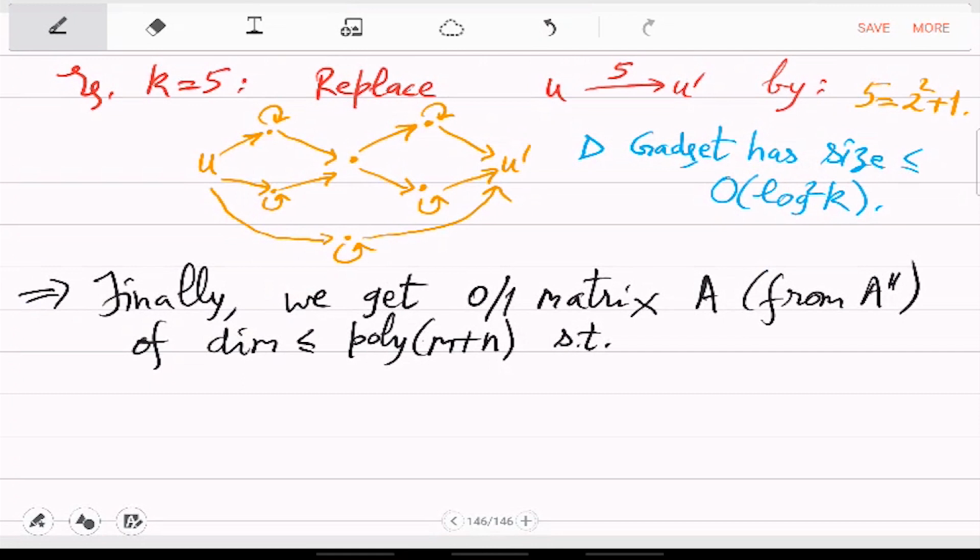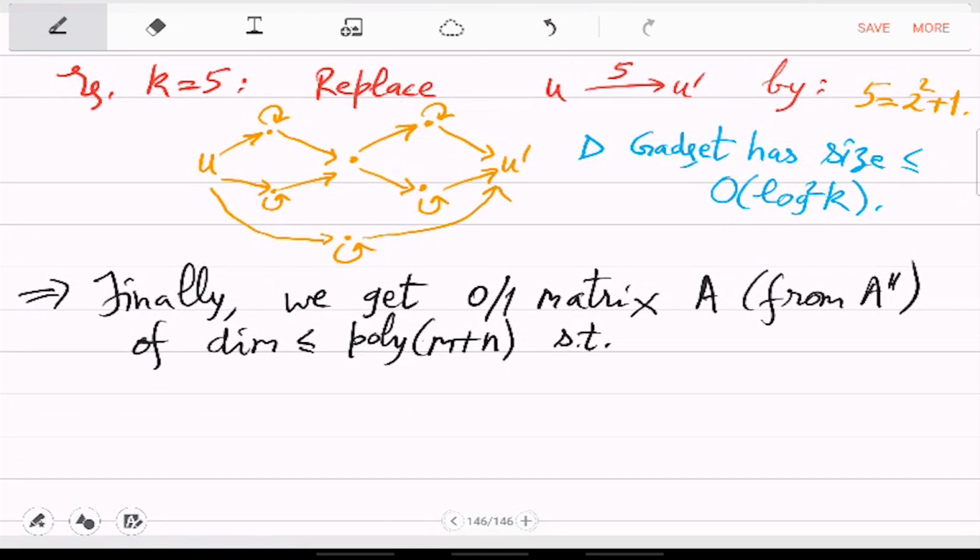So that fits the bill. And the graph size was n vertices at all times, right? Now those n vertices have blown up, but not more than poly in m plus n. You can compute exactly how much, but it suffices to say that it's polynomial.